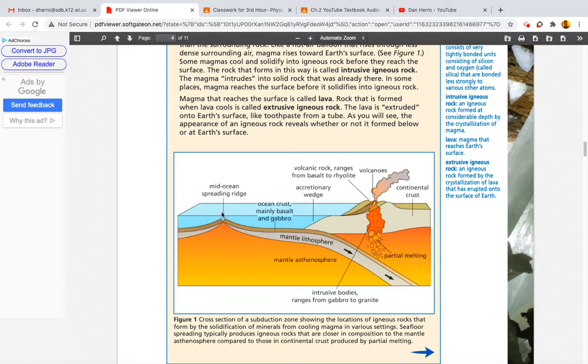So there's a mid-ocean spreading ridge, ocean crust, which is mainly basalt and gabbro. There's the mantle lithosphere, mantle asthenosphere, partial melting, continental crust, volcanoes, volcanic rock, which ranges from basalt to rhyolite, and accretionary wedge.